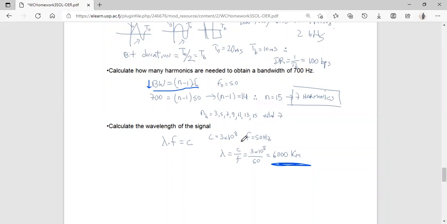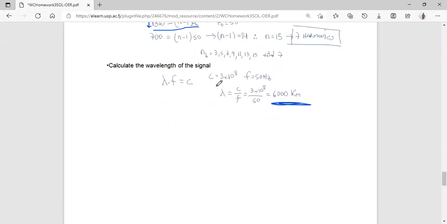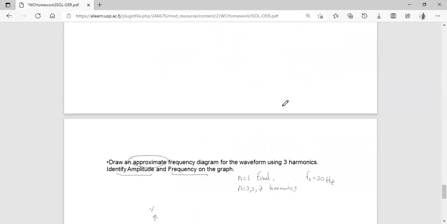The data is being traveled using light. So that is why the c value is the speed of light. Whenever you are trying to find lambda in a communication system, remember we most of the time will be using 3 times 10 to the power of 8. So that was regarding the lambda value.